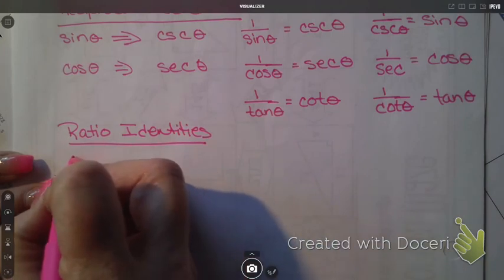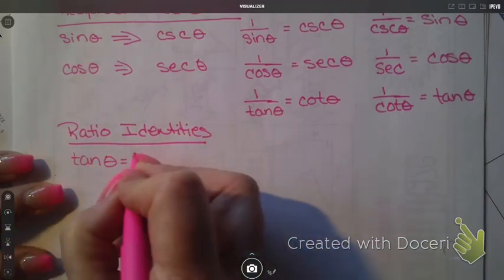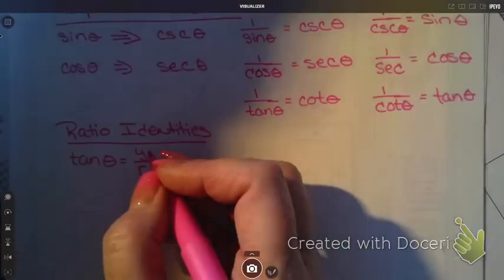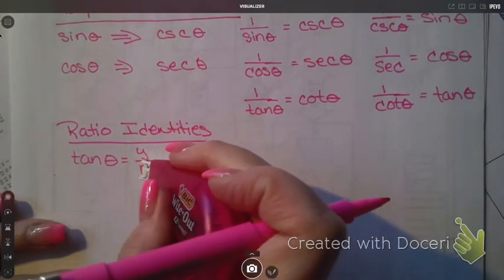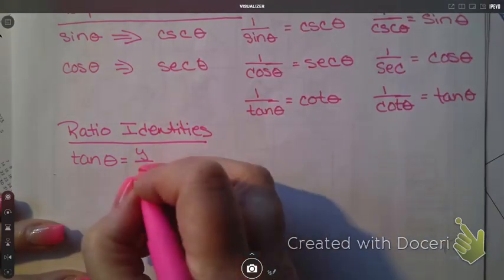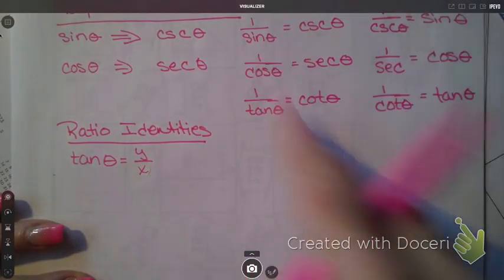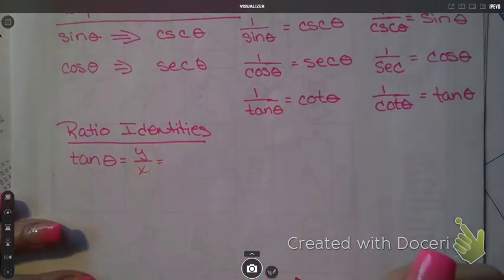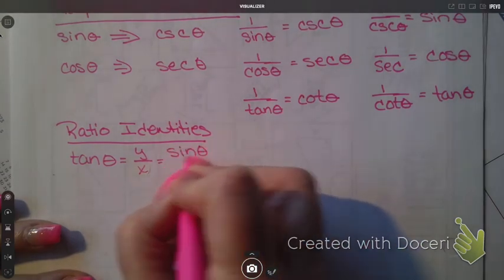So tangent of theta equals y over r, not y over r, y over x. So what function uses y? Sine. What function uses x? Cosine. So it is actually sine over cosine.